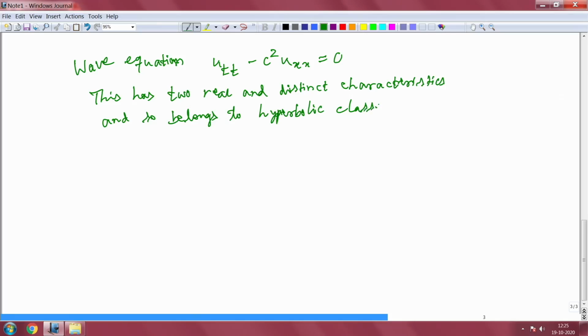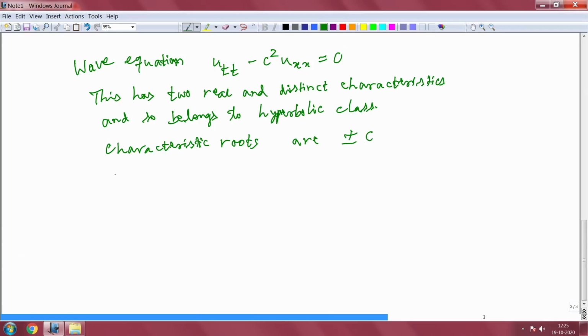So, what are the characteristics? Looking at the characteristic equation, maybe I will use different notation here, the characteristic roots are plus or minus c.